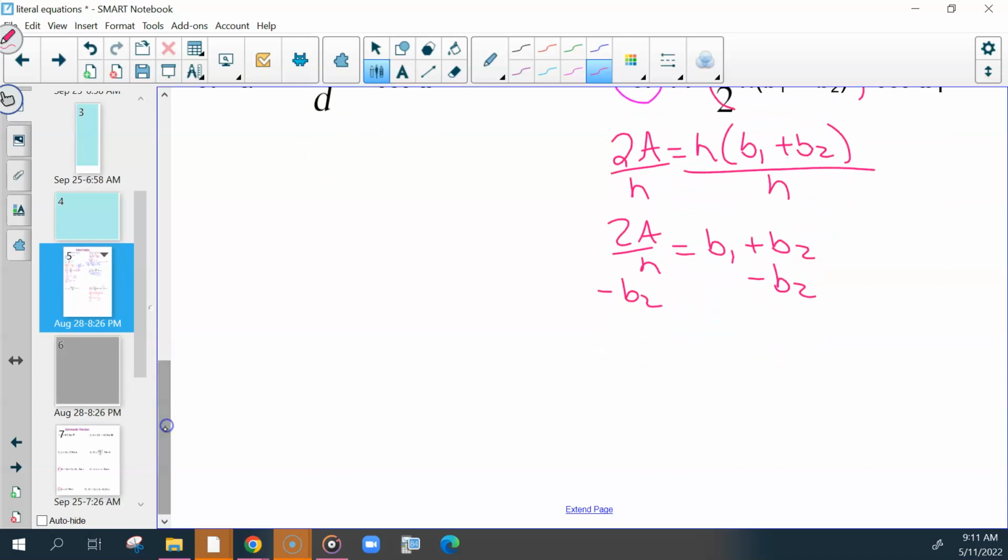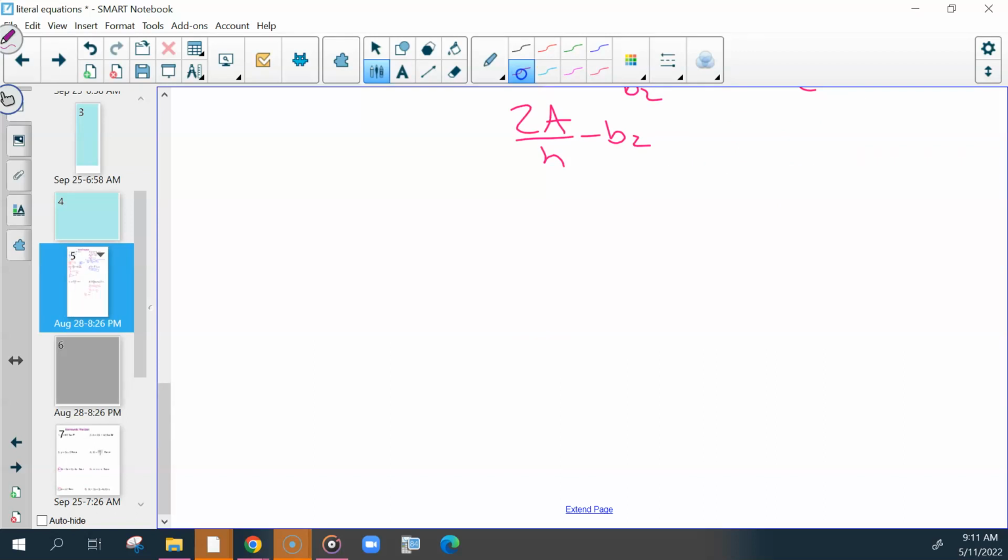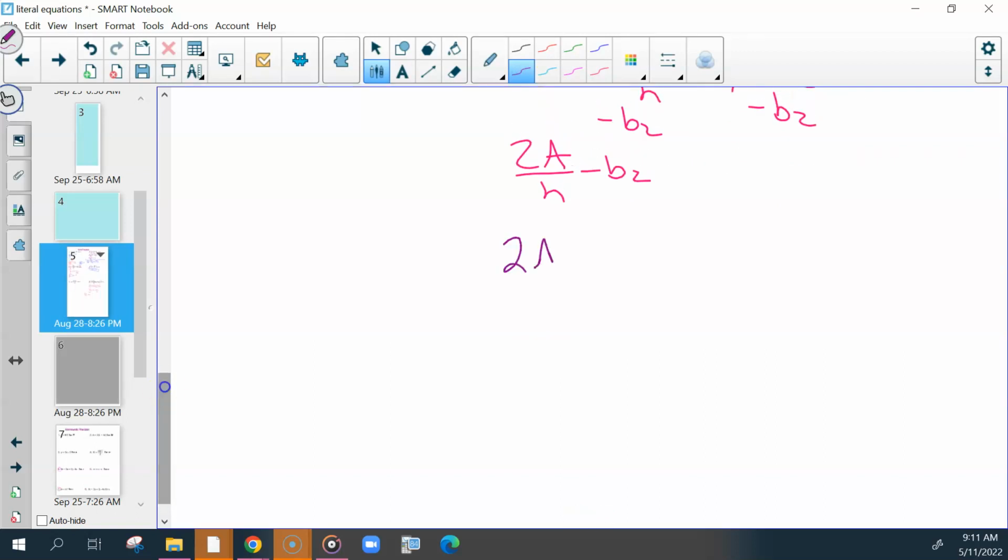And I'm going to write this two separate ways. So you could leave it as just 2a over h minus b2. Or you could make this one combined fraction. But in order to do that, we would need to have the same denominator. So this would have to be h, and I would have to multiply my numerator by h as well.